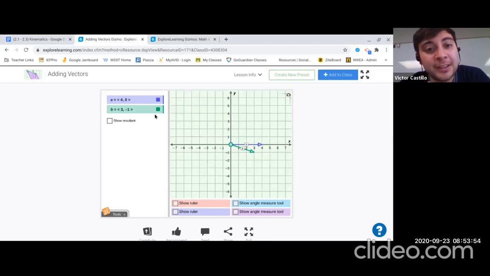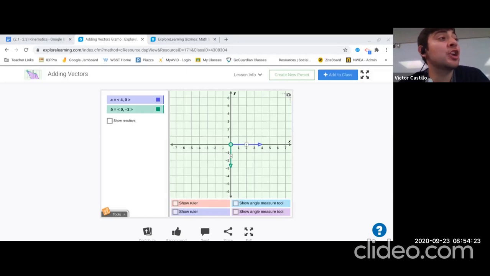A way to confirm that is looking at the blue rectangle right here. It's officially at 4, 0. I move 4 to the right, and I don't move anything up. Then it says move the terminal point of B to 0, -3. So I move this down to -3, and it stays at 0 on the x-axis. Your screen should look like mine at this point.